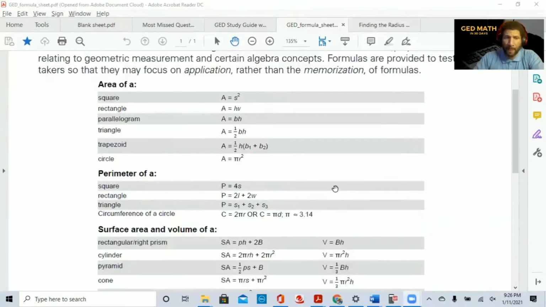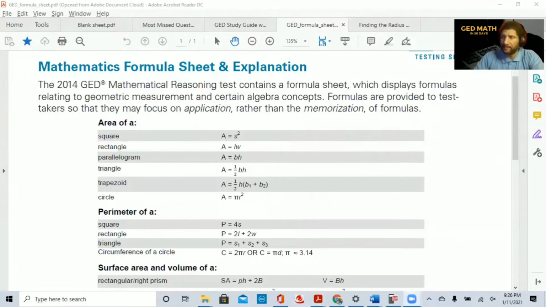Let's find the area. And here we go. Area equals pi r squared. Let me make that a little bigger for everybody to see.